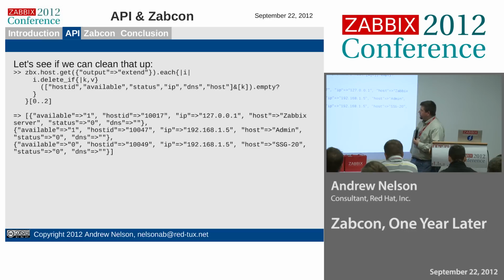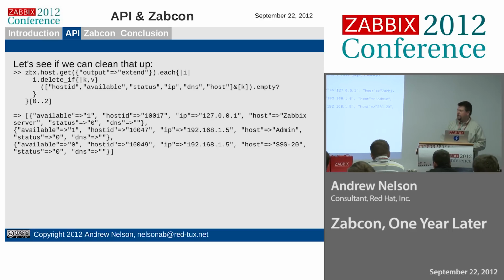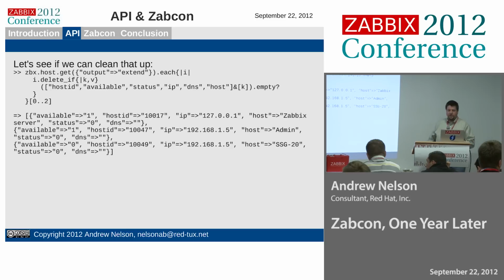We're going to call output extend because we want to get all the information. Otherwise, if you call it with just an empty hash, if you will, you'll just get back an array of hashes of just host ID equals a number, and that's it. So that's not quite so useful. So we often have to use the output extend parameter to get some useful information.